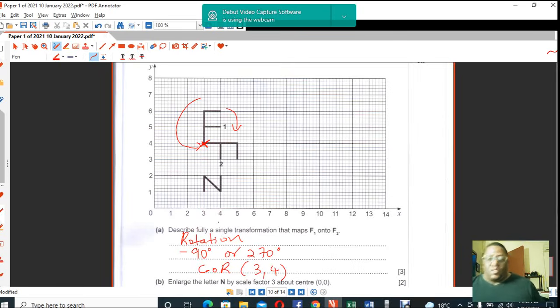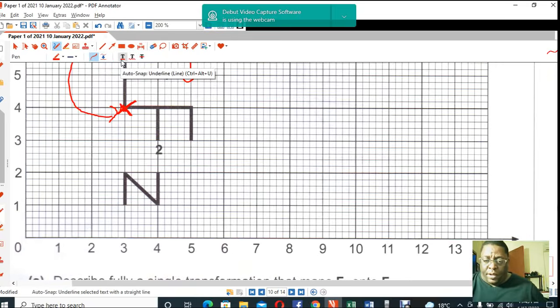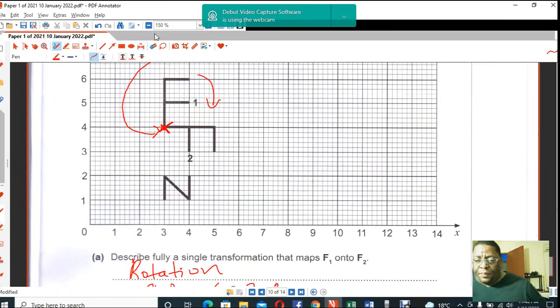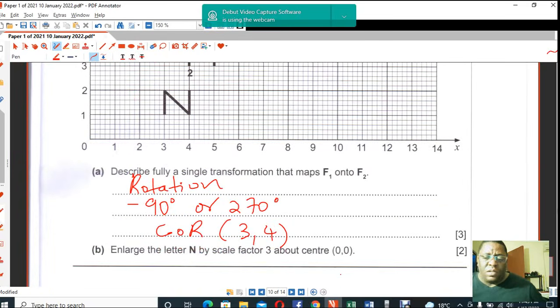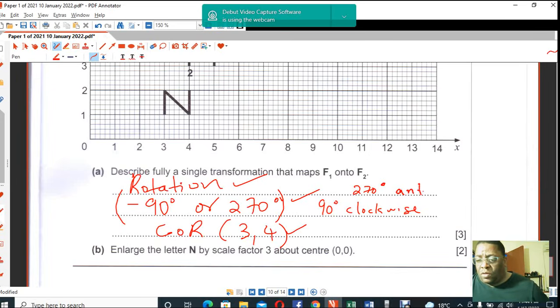One of the things I should perhaps encourage you to look at when you're dealing with this question is, if this little business here is confusing where you are writing this down, because it's just worth 1 mark. That's 1 mark, and that's 1 mark, and that's 1 mark. Perhaps you can just say here 90 degrees clockwise, or 270 degrees counterclockwise.